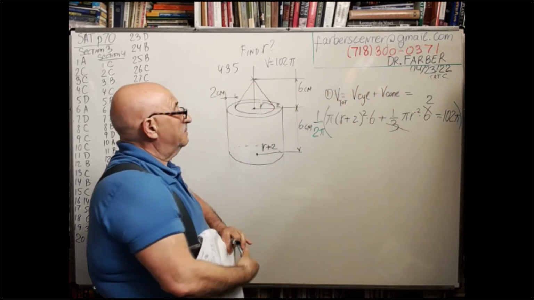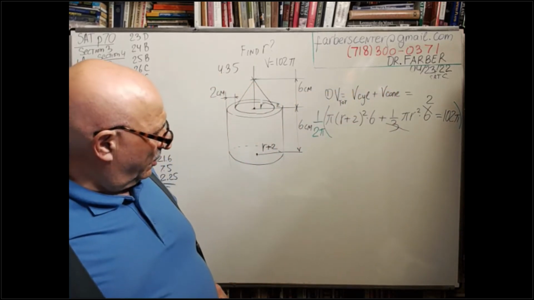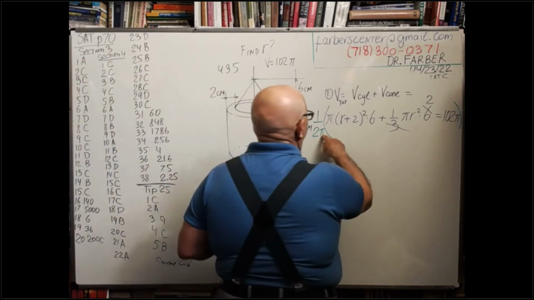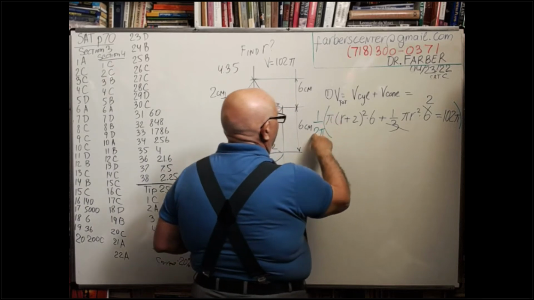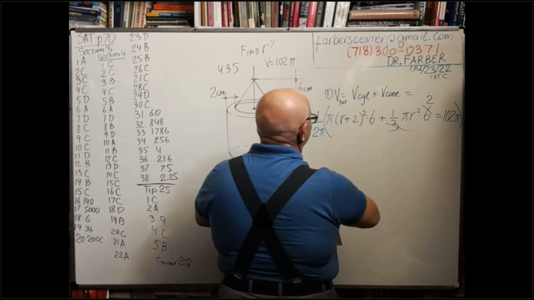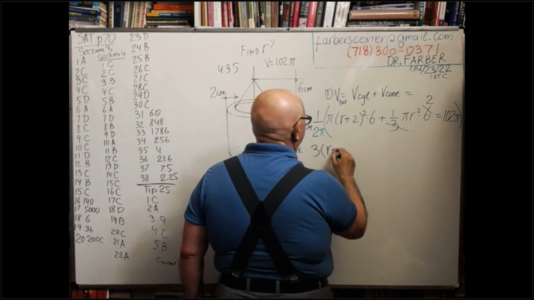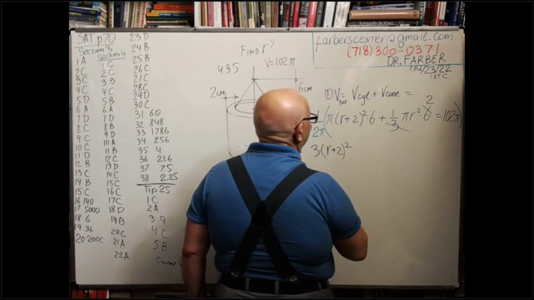Make sense? Look at this. Pi and pi cancel out. 2 goes into 6 3 times. I will get 3 R plus 2 to the second.